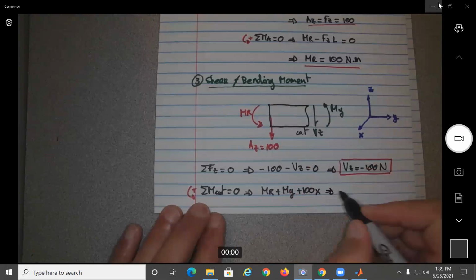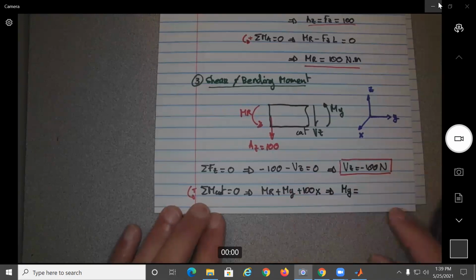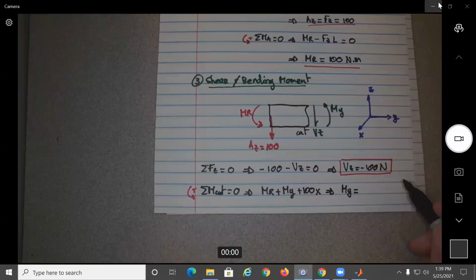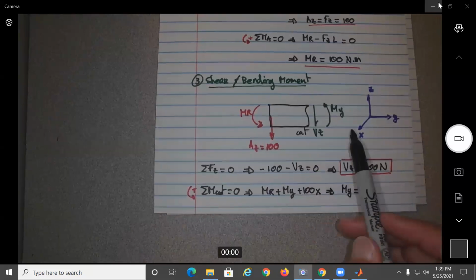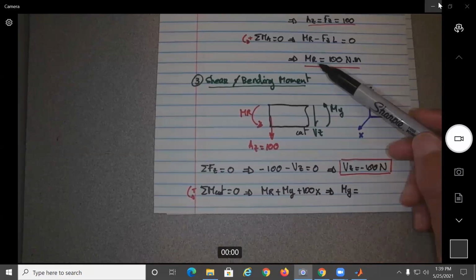So basically, we get over here that My, I want to go to the next page, will be equal to, we should get the same as before. We need to be careful here with the signs. Mr here is going counterclockwise. We find positive.